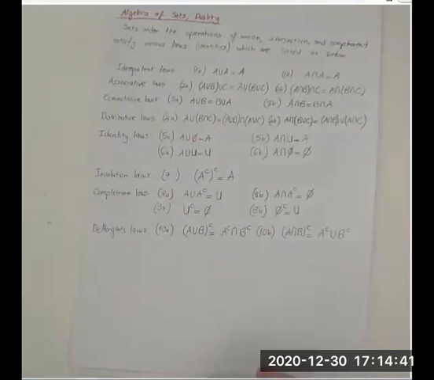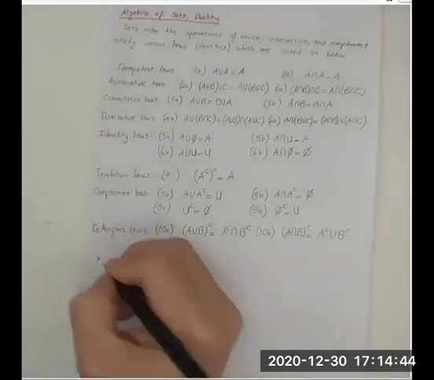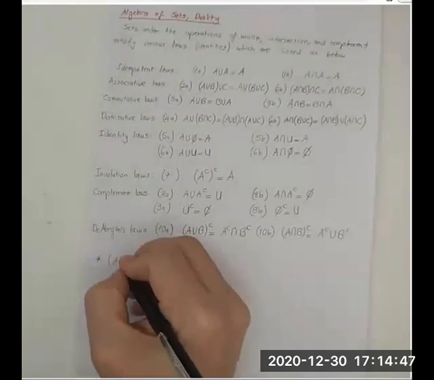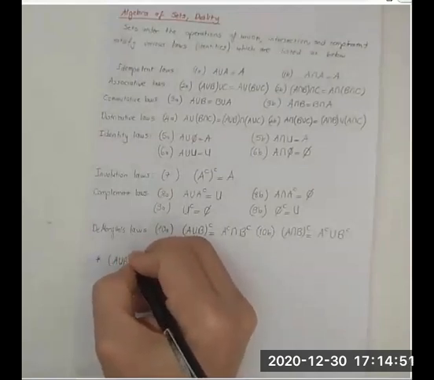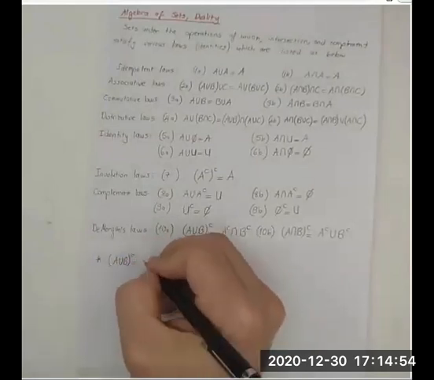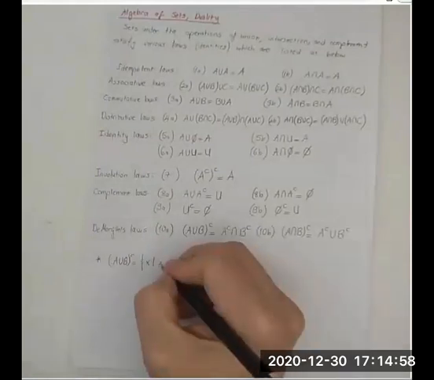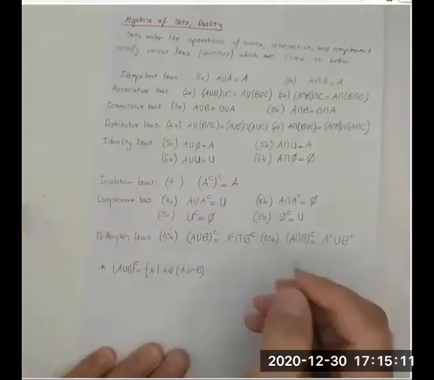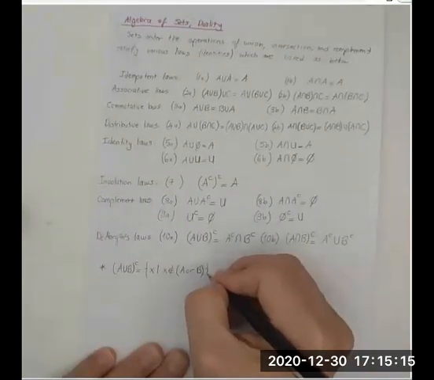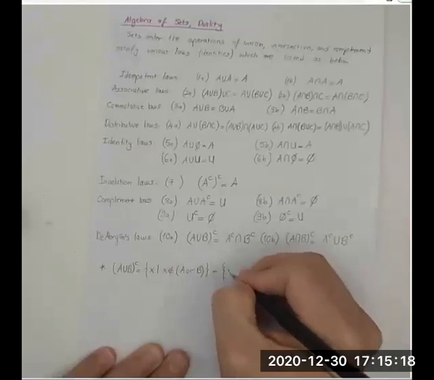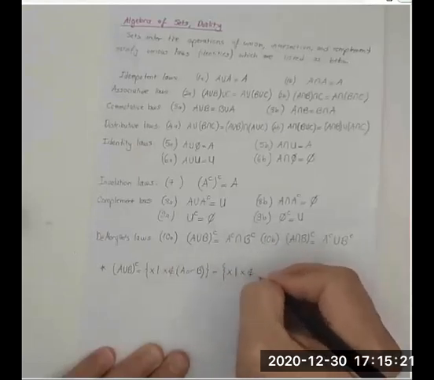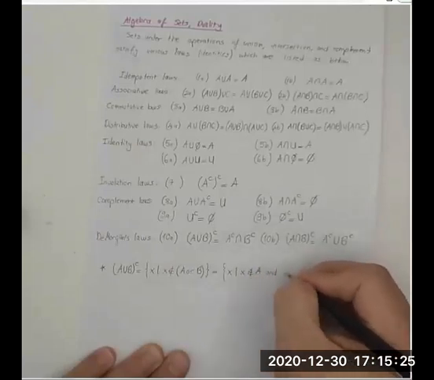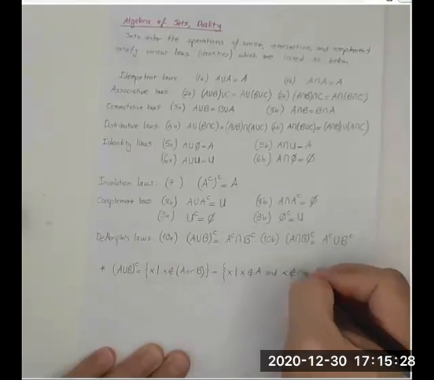And there is the explanation in your book: the complement of A union B is equal to, if there is an element X that is not an element of A or B set, and X is not an element of A and B set.